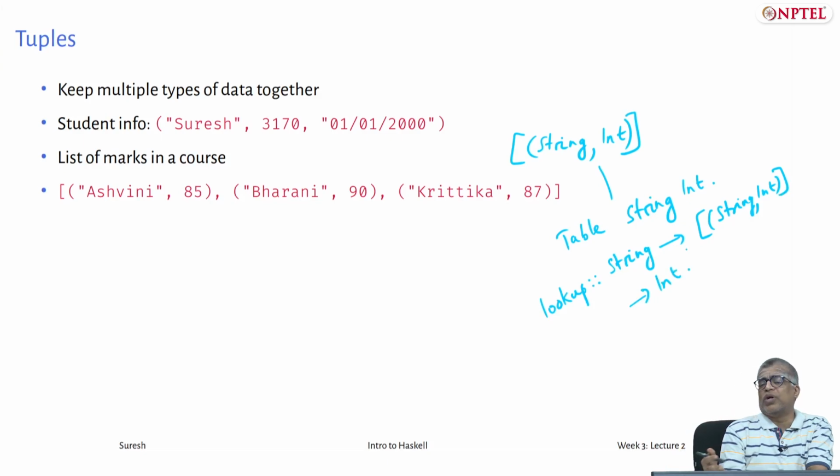Okay, so now what is the functionality I want? If this string is present in that list, I should return the value corresponding to the first occurrence of the string in the table.